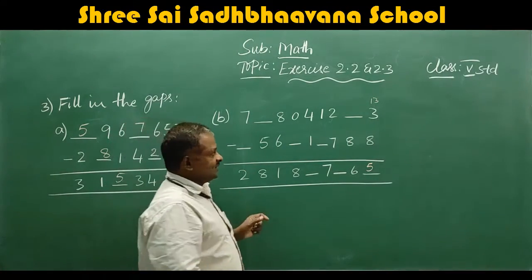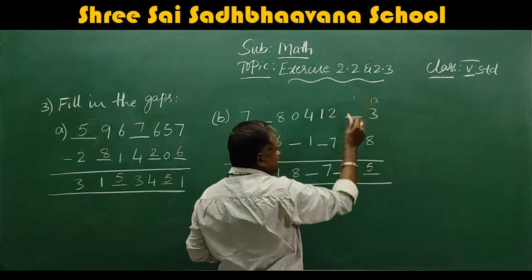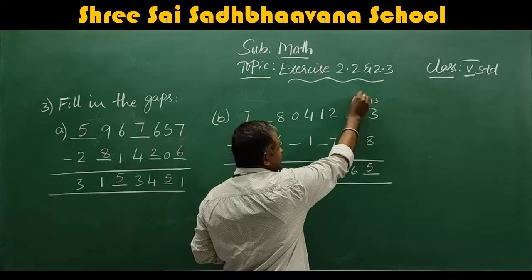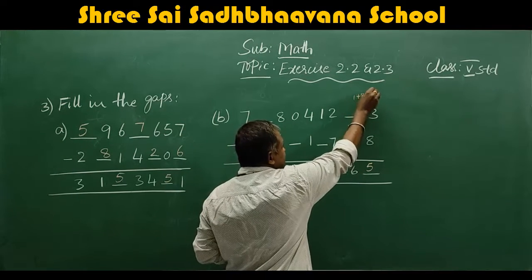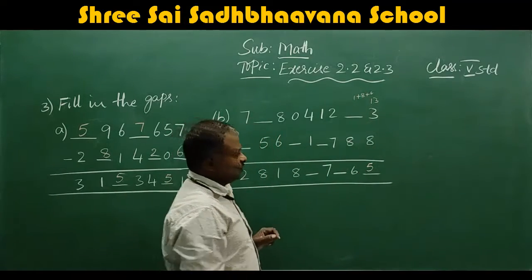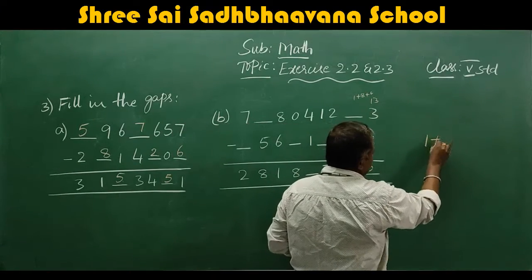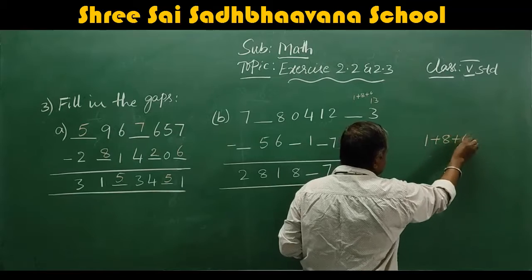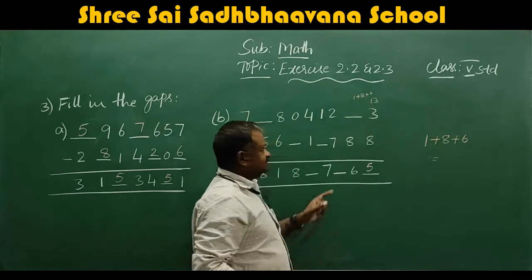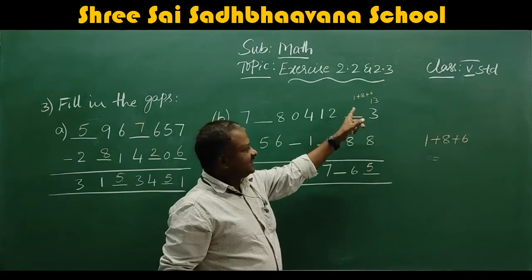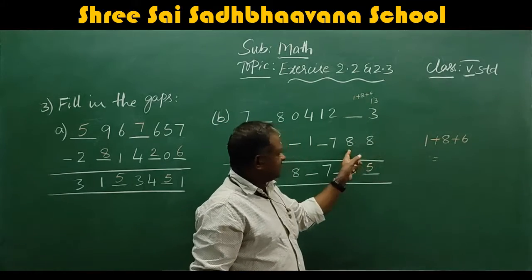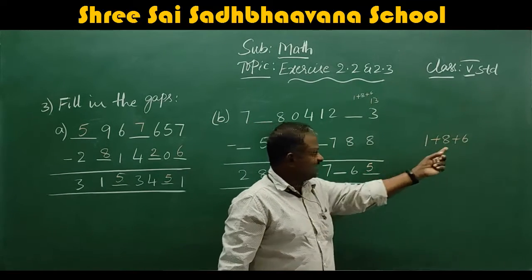Are you catching my point? Here already we have taken 1 and you have to subtract 8 and the answer is 6. So 1 plus 8 plus 6, that is the number here. We have taken the carry 1, 8 has to be subtracted and 6 is the answer.